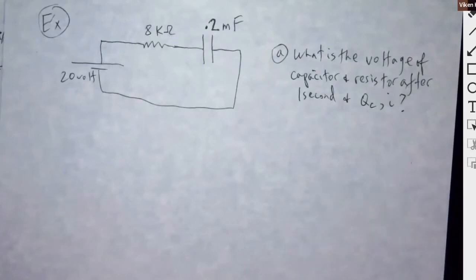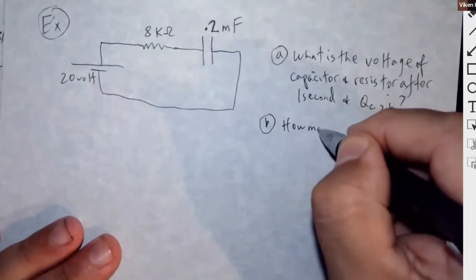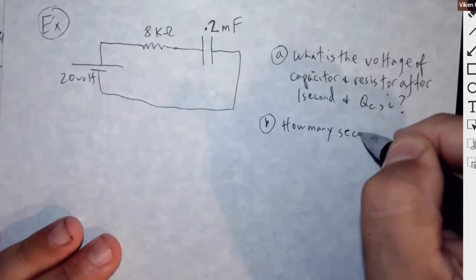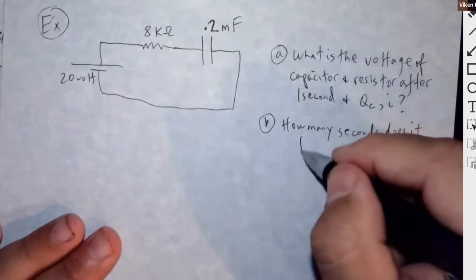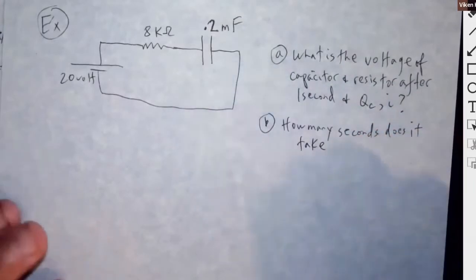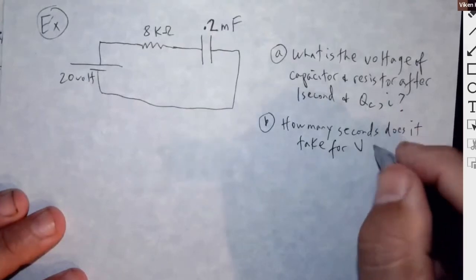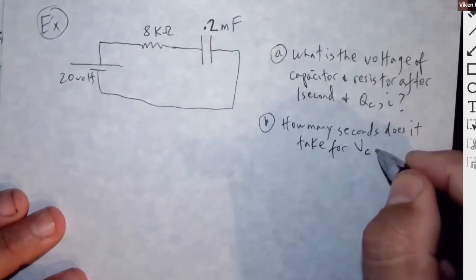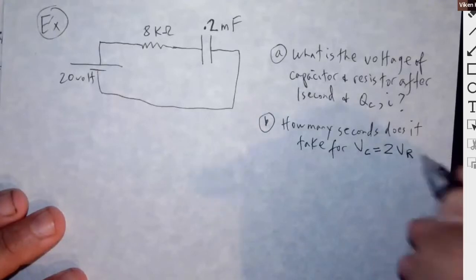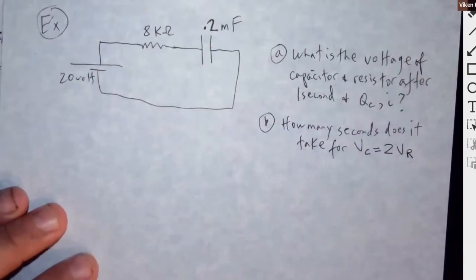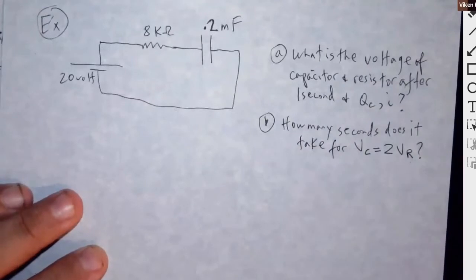So we can answer that and say how many seconds does it take for the voltage of the capacitor to equal twice the voltage of the resistor?